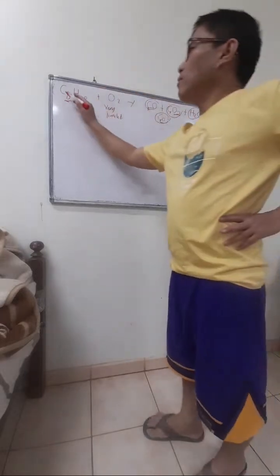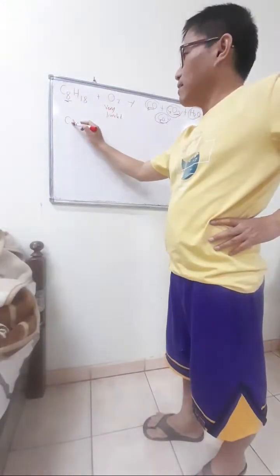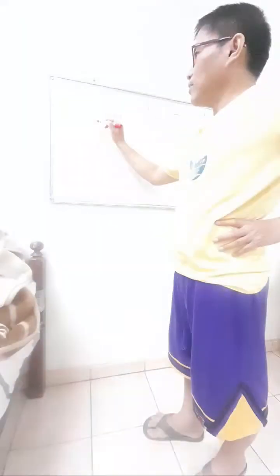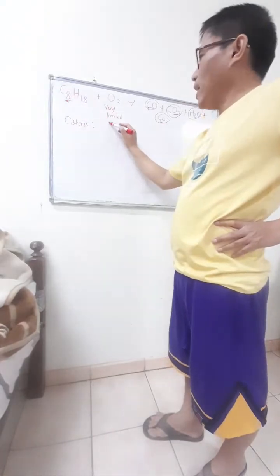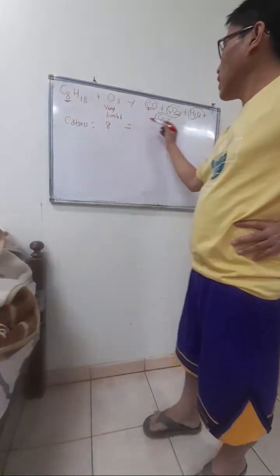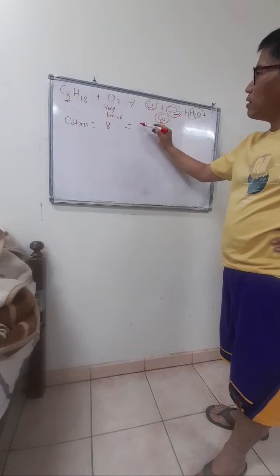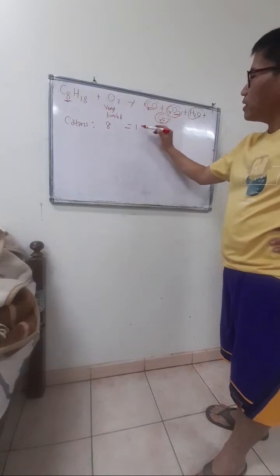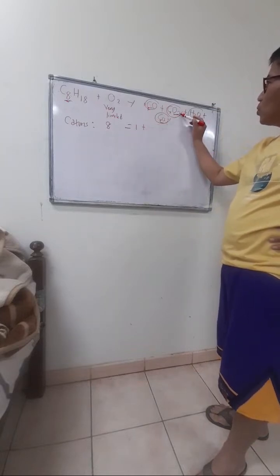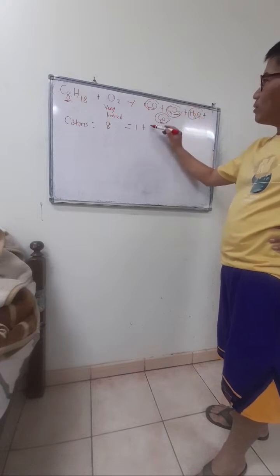So 8 times 1 for the carbon atom balance. Okay? 8 times 1, 8, equals 1 times 1 plus 1 times 1.